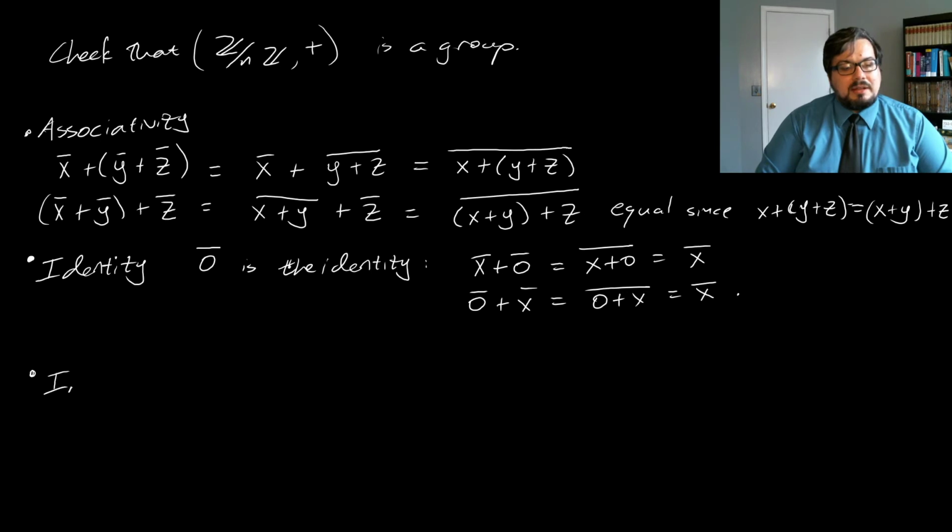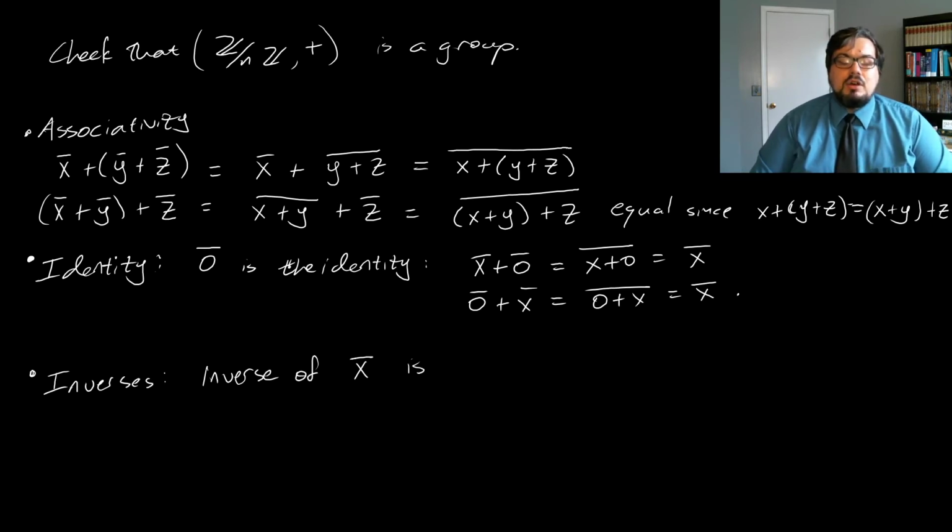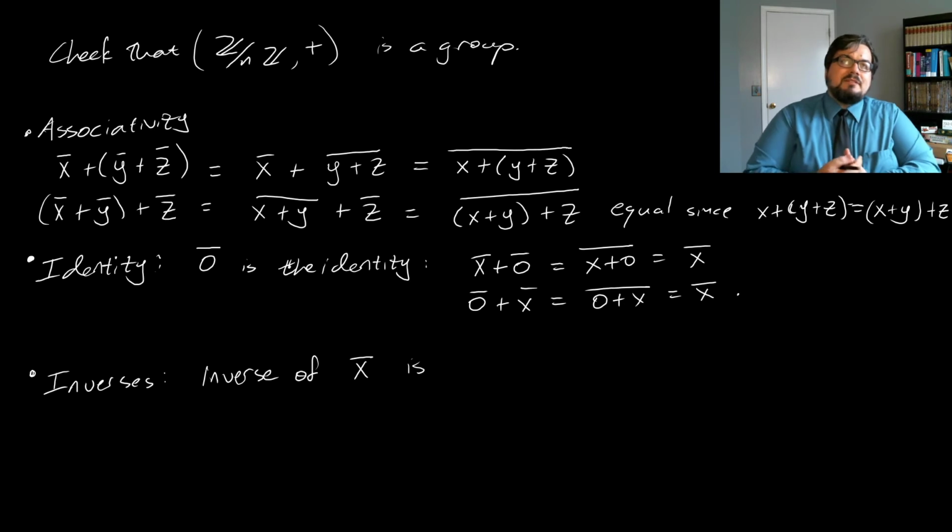All right, now what about inverses? Again, we can look at what happens in Z. So the inverse of x bar is, well, we can think back to what's the inverse of an element x in the integers under addition.